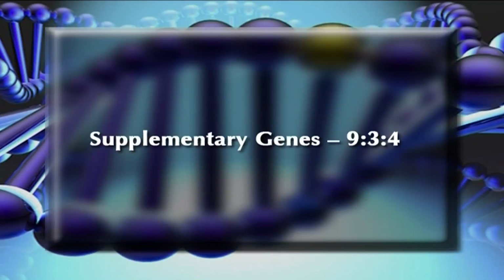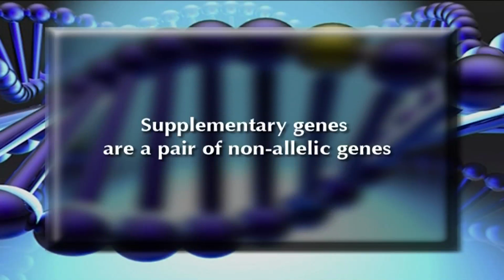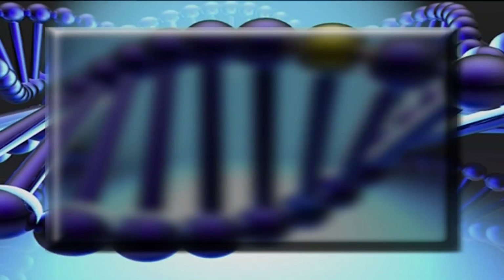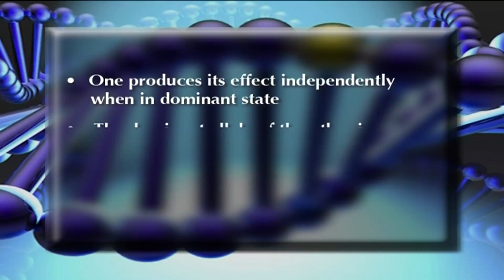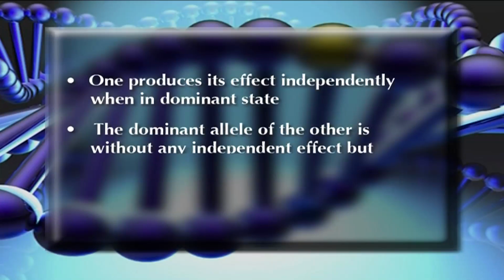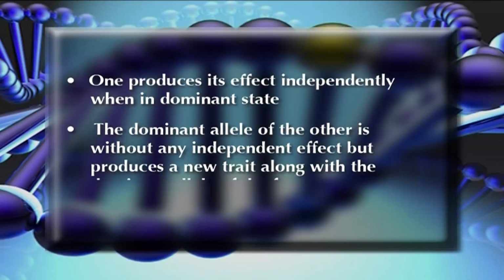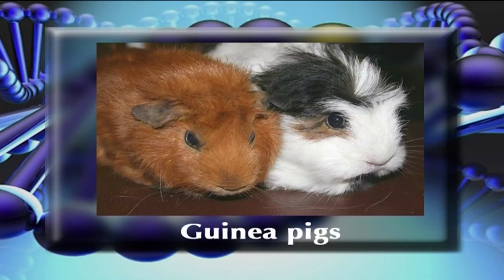Number 3. Supplementary genes. They are a pair of non-allelic genes, one of which produces its effects independently when in dominant state, while the dominant allele of the other is without any independent effect but is able to produce a new trait along with the dominant allele of the former. Coat color in mice and guinea pigs.